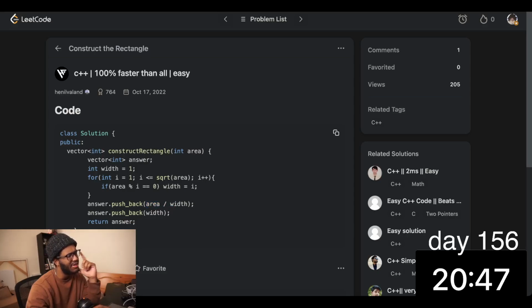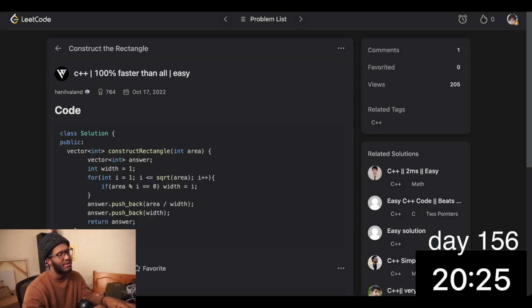Answer dot pushback area, which is 4 divided by width, whatever that is. Oh, I see what they're doing. They're still returning a tuple. Yeah, so we were on the right track. Area divided by width would give you length, and we already know width.